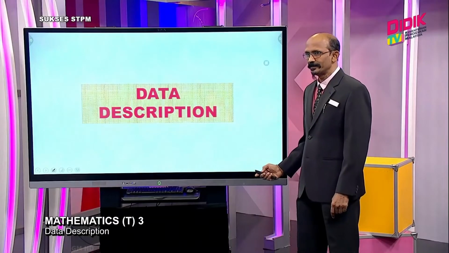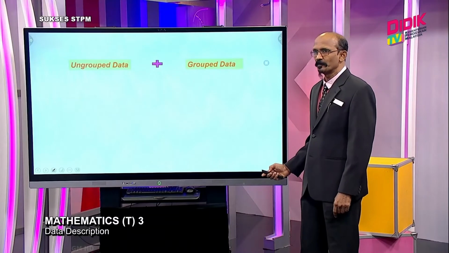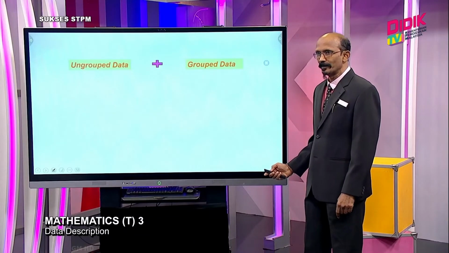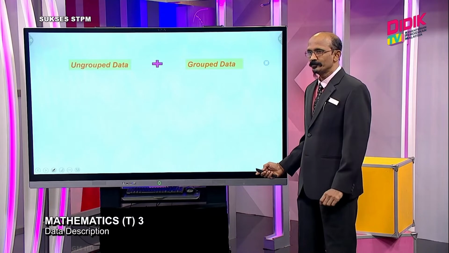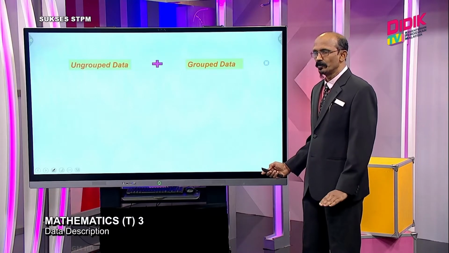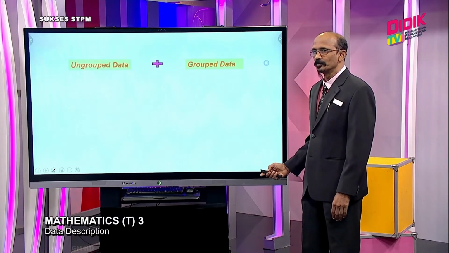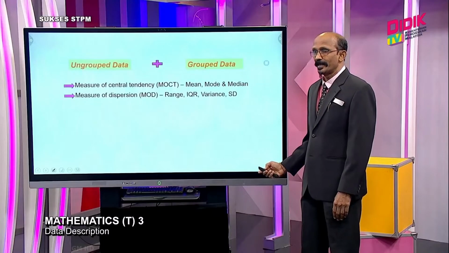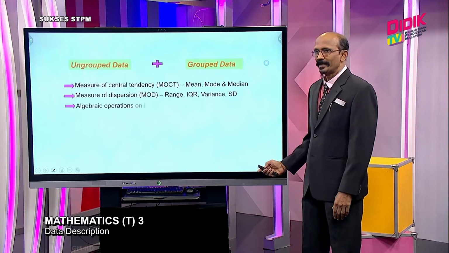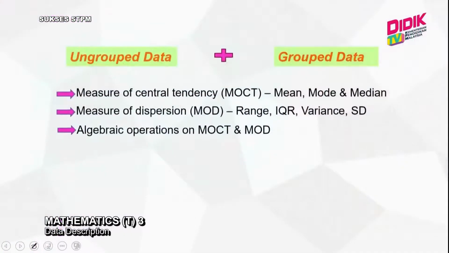In this chapter, data description, we have 2 subtopics: grouped data and ungrouped data. For these 2 parts, you should be able to calculate measures of central tendency and measures of dispersion, use the correct formula, and use algebraic operations on both MOCT and MOD.